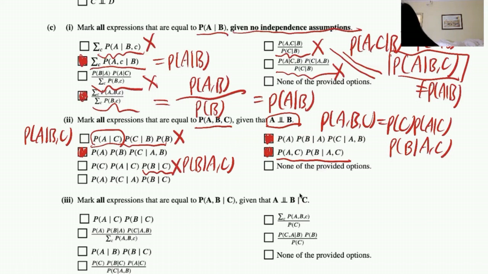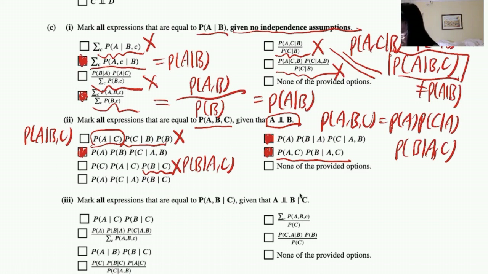Then for the last item, we need to compare the probability of B given C again with the probability of B given AC. It is still not correct.